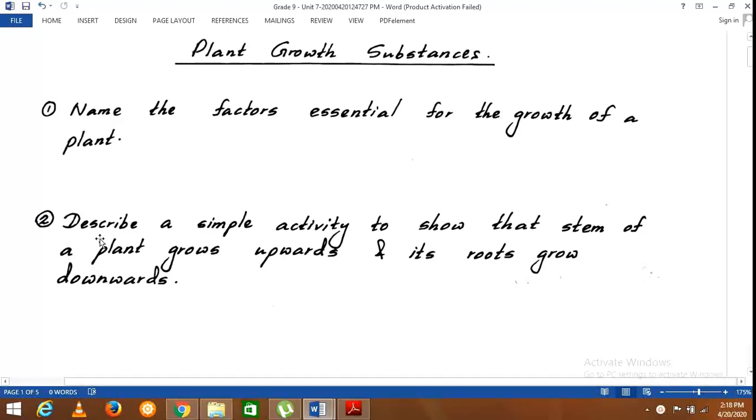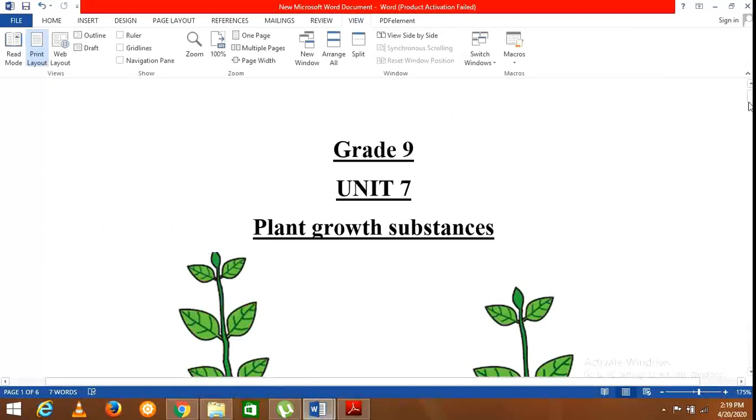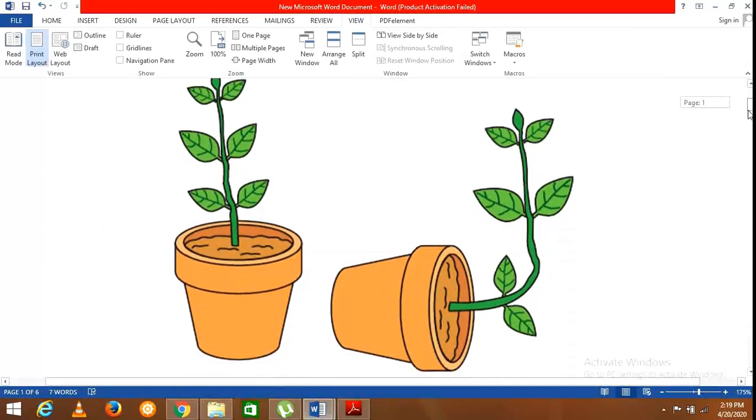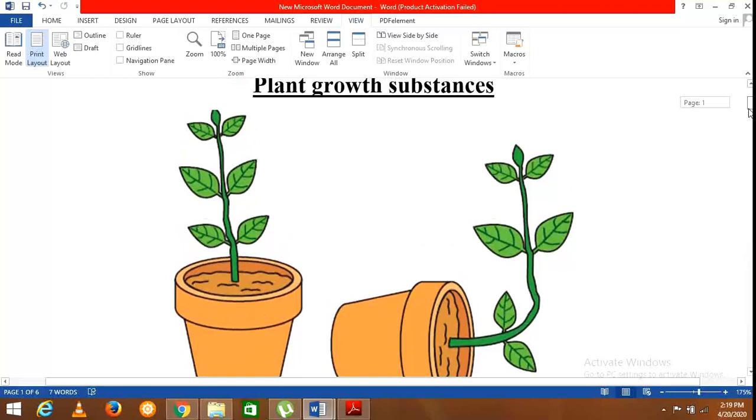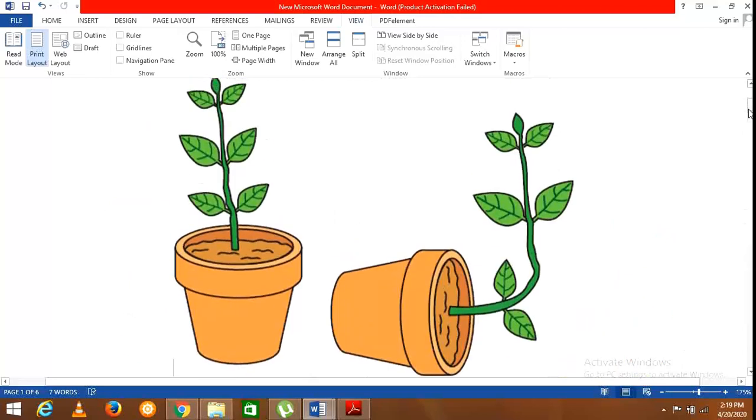Then in the second question you are asked to describe a simple activity to show that a stem of a plant grows upwards and its roots grow downward. Here you can see you have taken a potted plant, and you know the stem of the plant always grows upwards and the roots grow downwards towards gravity.